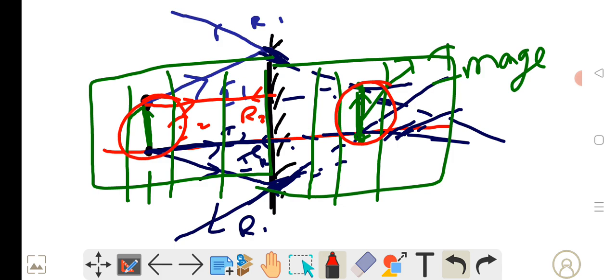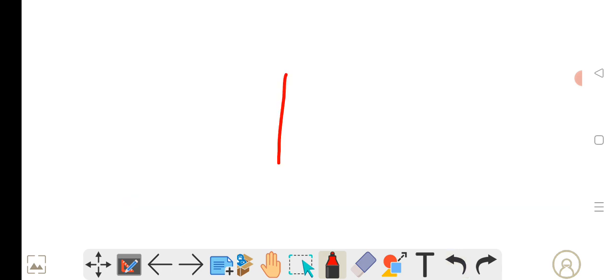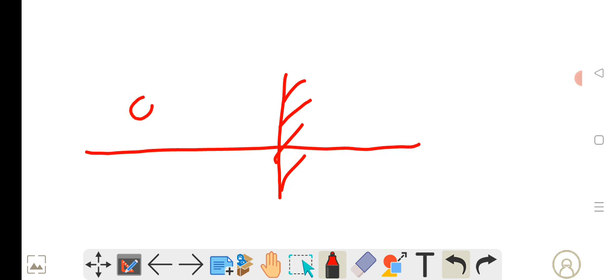Now what is this object distance? How to find? Object distance is the distance from the mirror to the object. If this is the object, from mirror to the object, whatever distance you have, that we call object distance.